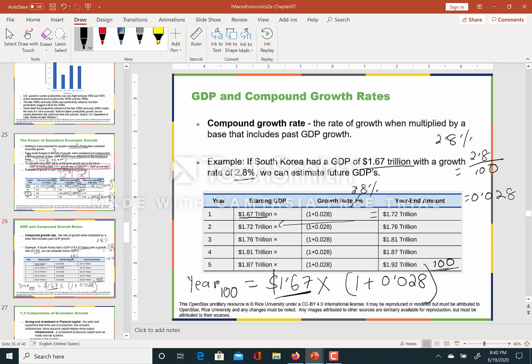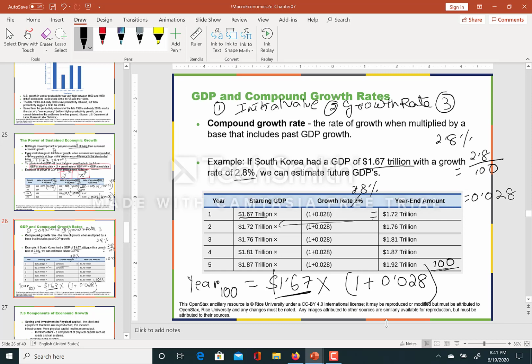So I would say the standard of living depends on 3 things here. And what are the 3 things that we learned about? The standard of living depends on what is the initial value we started with. Number 2, it depends on the growth rate.